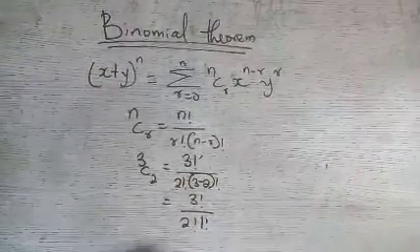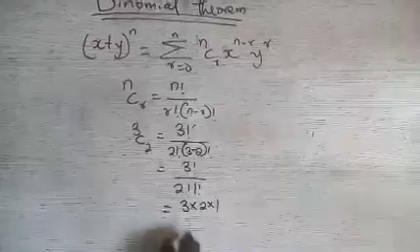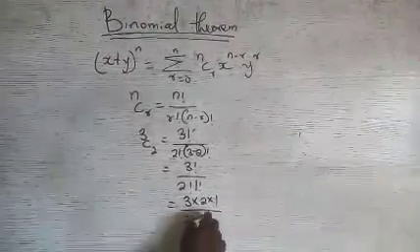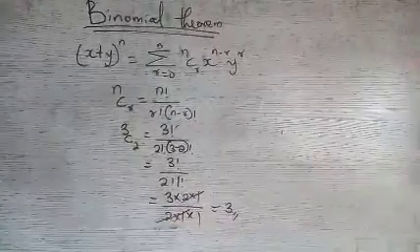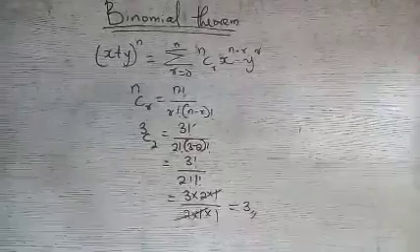So this can be expressed as 3 times 2 times 1 over 2 times 1 times 1. When you simplify that, you have 3 as your answer. So that is how a factorial is being done or expressed.